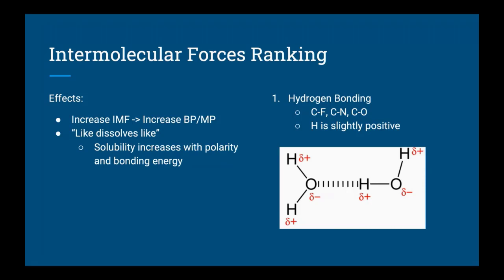The negative and positive charges attract and come together, and they form hydrogen bonds. While they're not covalent bonds, they do help bind together molecules and keep them more cohesive.